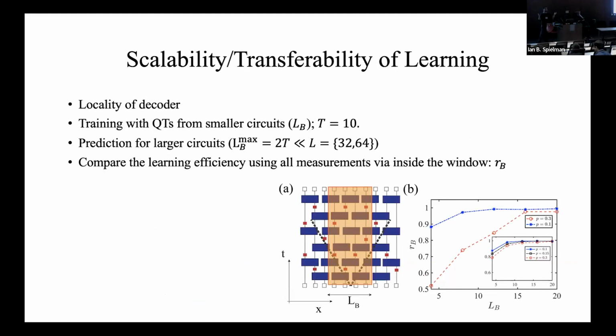One is a large circuit and one is a smaller circuit that only has the same gates and measurement locations inside that box. We train our neural net with this smaller circuit, and then we try to make predictions for the larger circuit. Once we increase the length of this smaller circuit to become equal to the light cone, then approximately we reach the same efficiency.